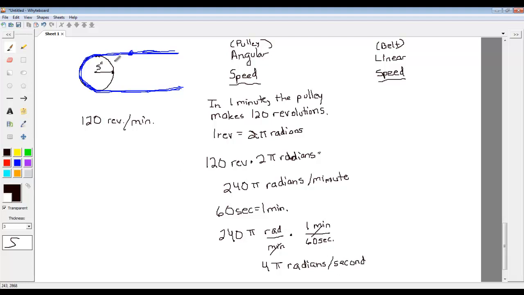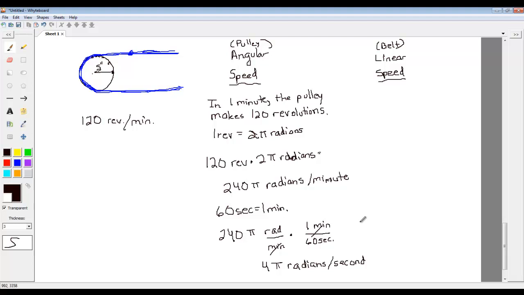So that's your angular speed. If you're following this point going around, every second that point goes through an angle of 4 pi. It goes around once, goes around again, and comes back to where it started. So it goes around twice, 2 whole revolutions, every second. Okay, that's the angular speed.